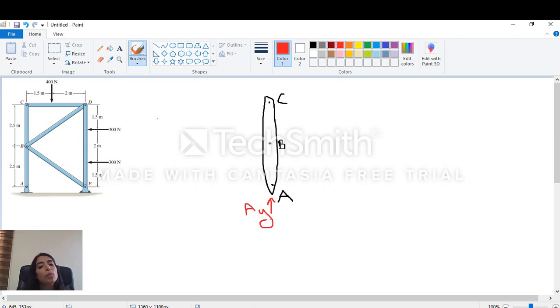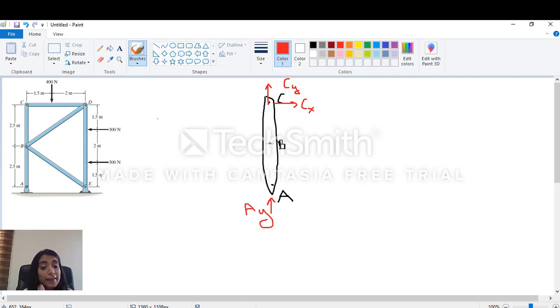So I only have a Y here, I don't have an X. At C, I have two forces. Let's say this is Cx. You can assume any direction, and then you can check if your direction is correct from the sign. And this is Cy.